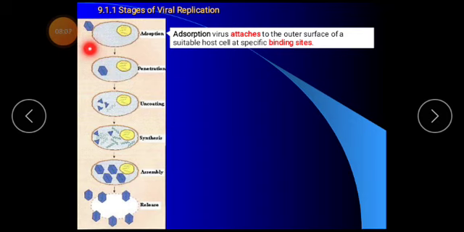It is likely to bind on the specific site, but not anywhere. Where it is likely to bind is where the cell is ready to be attached by the virus. So, if the virus attaches to the specific site of the host cell, that is what you call adsorption.